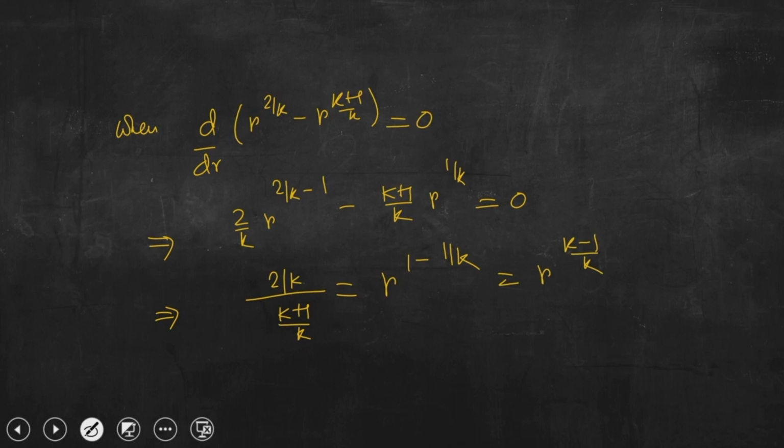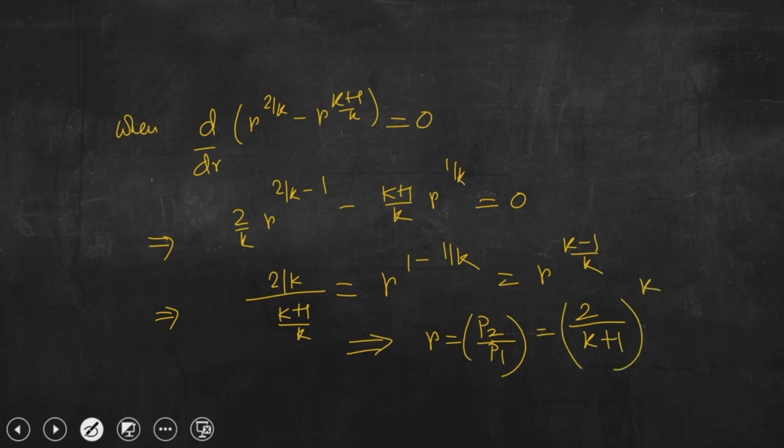Just algebraic manipulation you can do and you will find the value of r equal to P2 by P1 equal to 2 upon k plus 1 to the power k by k minus 1.